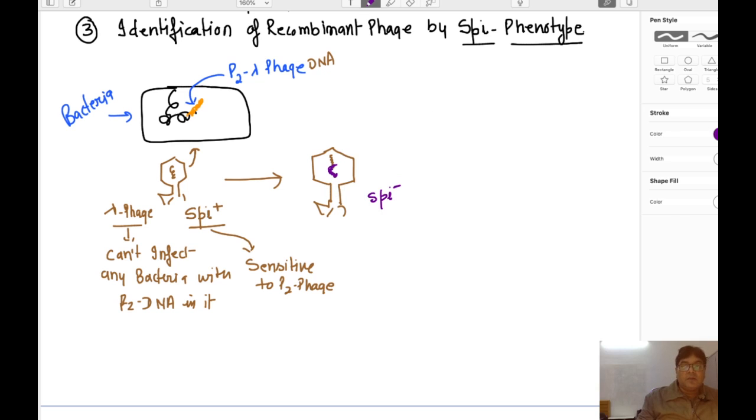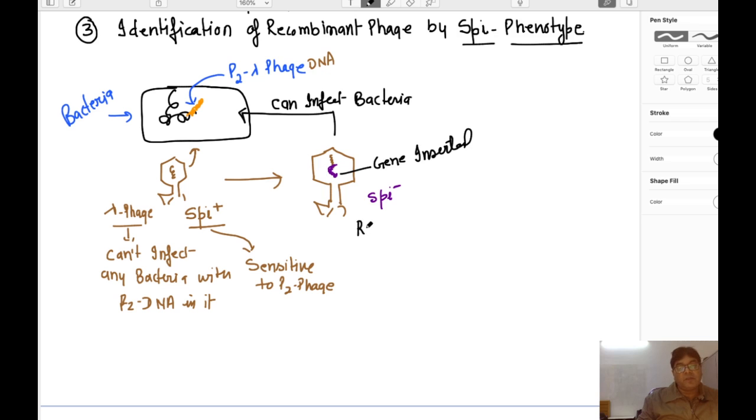Okay. Now, if it is SPI negative, then this phage can readily infect the bacteria which already have P2 lambda. It can infect the bacteria. So that means we have inserted a gene. So, this phage is now a recombinant phage.